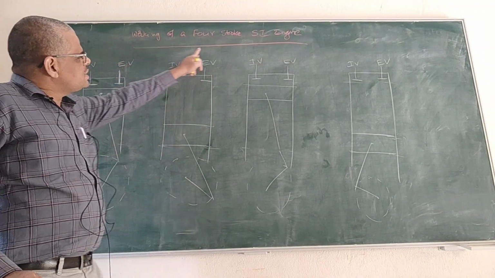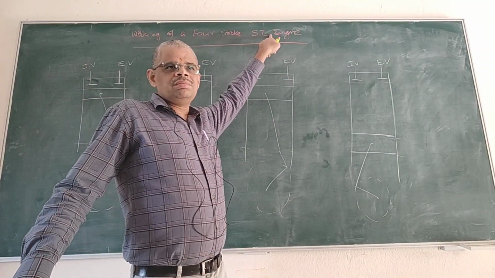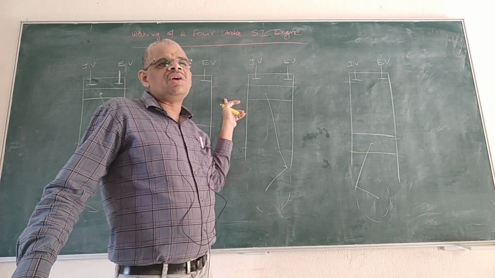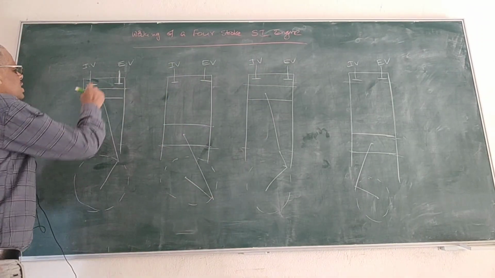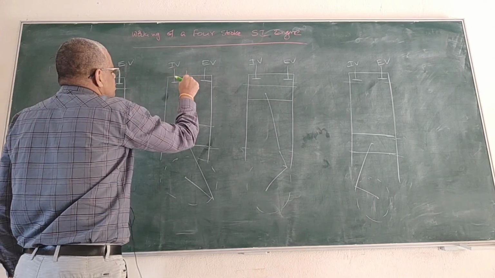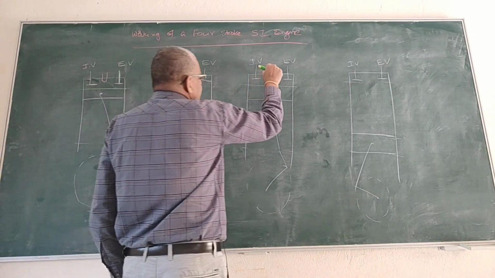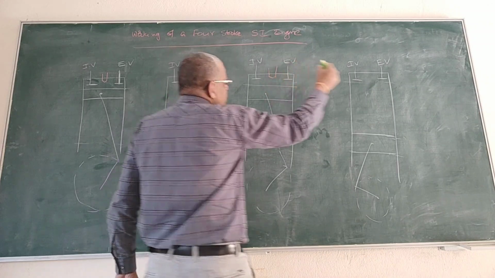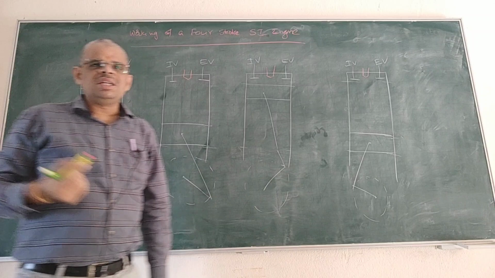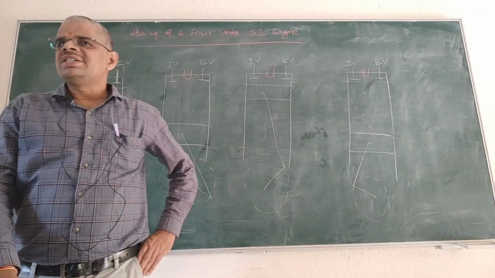And since this is a SI engine, spark ignition engine, this engine consists of a device called as spark plug. What is the name of the device? Spark plug. So this is represented like this. So what is the purpose of this spark plug? You might have seen this spark plug in your motorcycle engines.